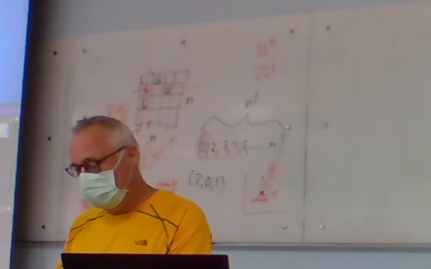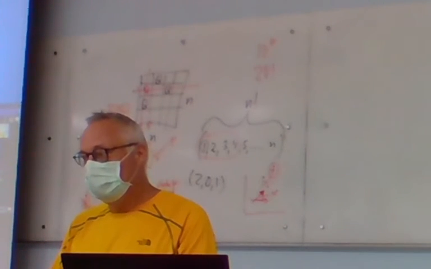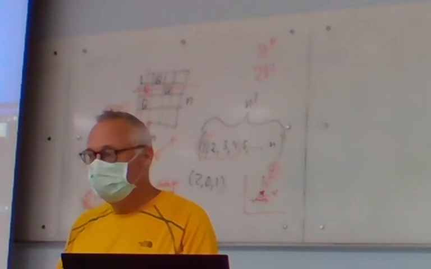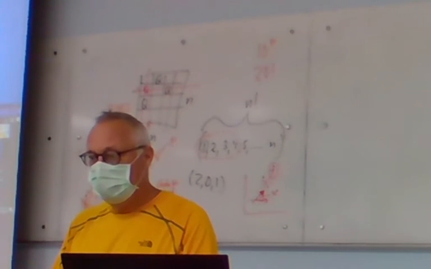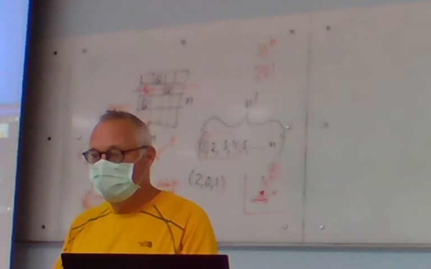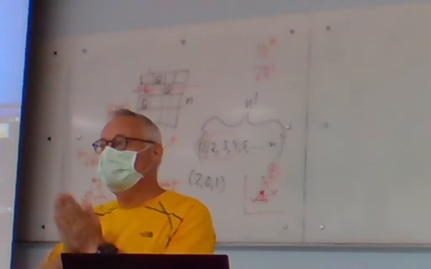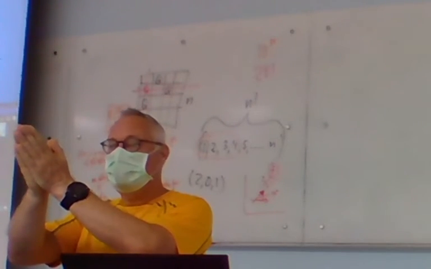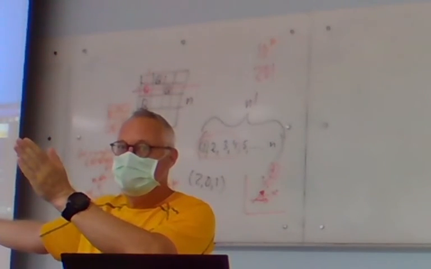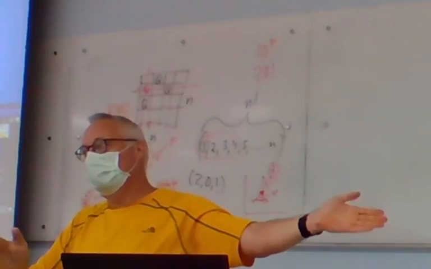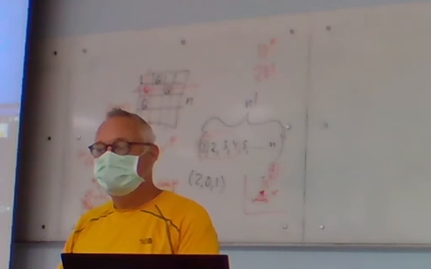Okay, 0.8, but with 0.1 probability we go, so I want to go this direction. With 0.1 probability I instead go to the right, and 0.1 probability I go to the left instead.